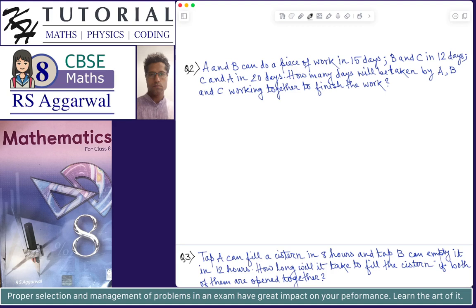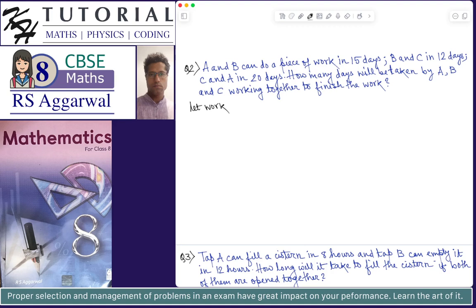So in how many days will A, B and C, all of them working together, complete the work? For this we need to first find the amount of work done by all of them in one day. So let's assume something.